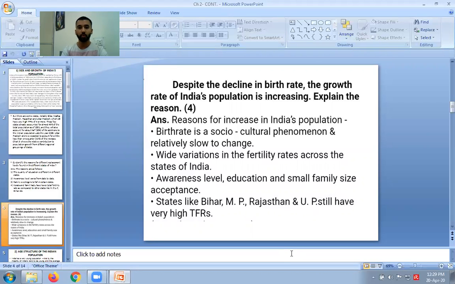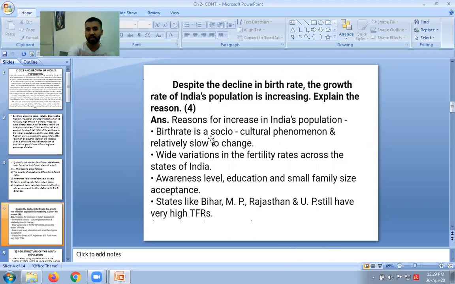In population explosion, the birth rate doesn't come down, but the death rate is controlled. So they are asking about the reason why, despite the decline in birth rate, our Indian population is still increasing. I'll tell you the reasons, and we have already studied them.